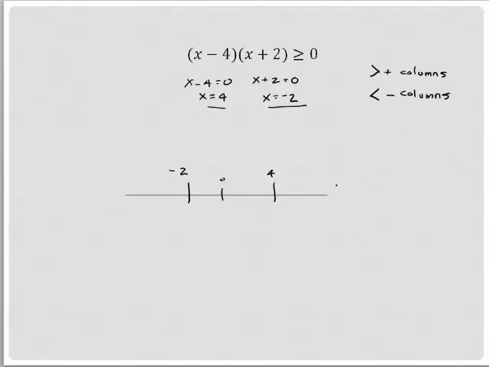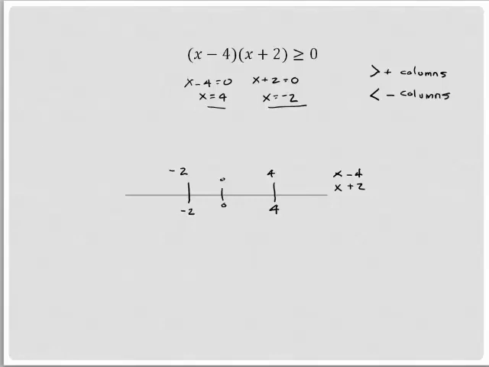Alright, our products are x plus 2 and x minus 4. Okay, we put these over to the side. Now you know what? I'm going to want 4 and negative 2 down here.